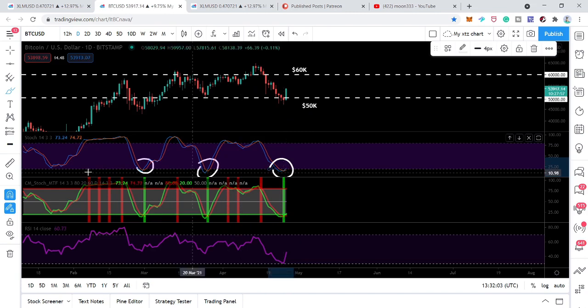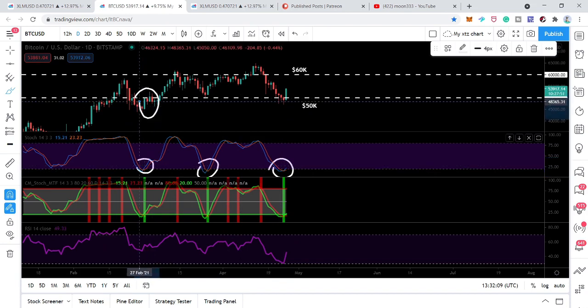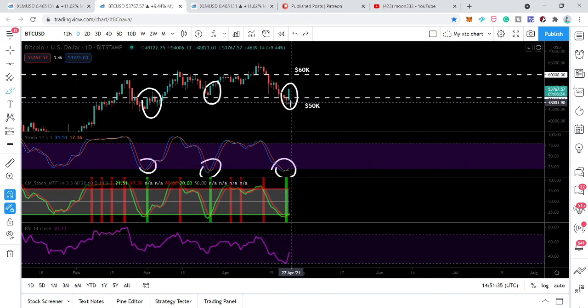And whenever the stochastic is giving the bull crosses, you can see that on the same day we are receiving very strong bullish candlesticks, and the same thing is happening right now as we have received this bullish candlestick, and we have also received the stochastic bull cross from the oversold zone.